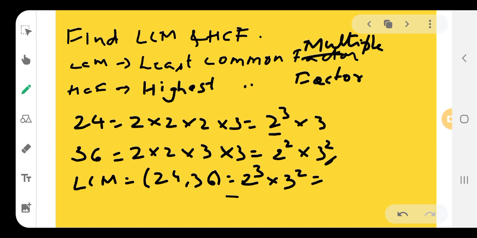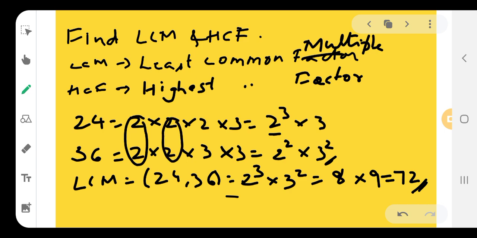Okay. Now 2 cube is what? 8. 8 into 3 square, which is 9, so 8 9s are 72. So LCM is 72. And what is HCF? HCF is the common term. So here 2, 2 and here 3. Once here it is 3.